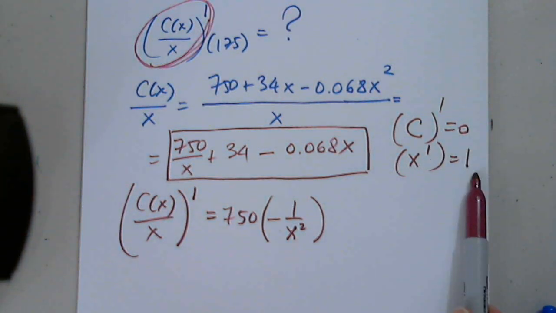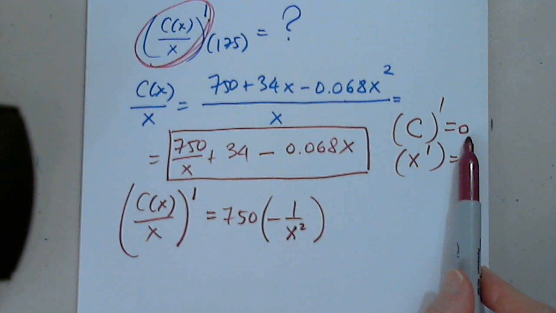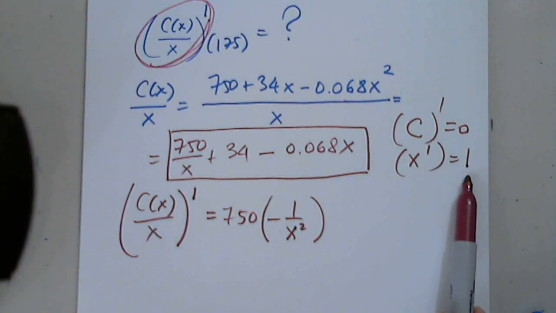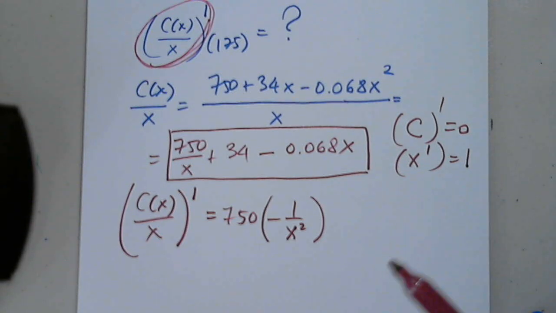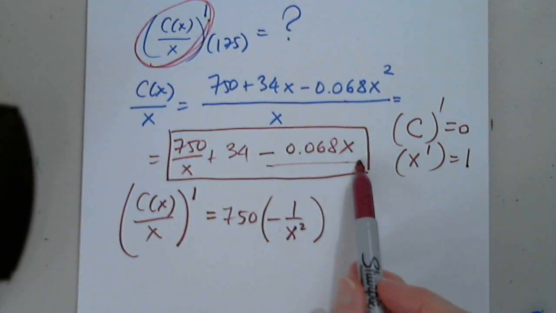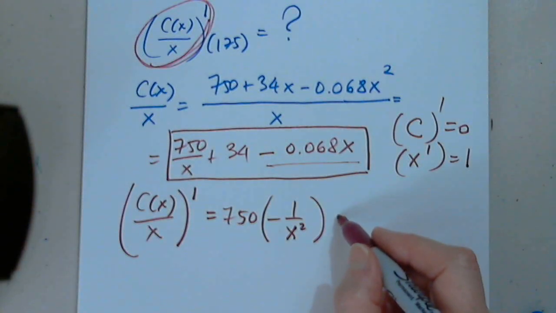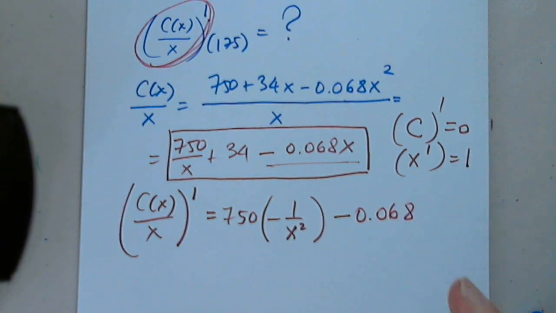If X prime is 1, the constant prime cannot be 1, and vice versa. If the constant prime is 0, X prime cannot be 0. Good. So now can anyone differentiate this last piece for us? Is it just negative 0.068? Brilliant. Thank you very much.